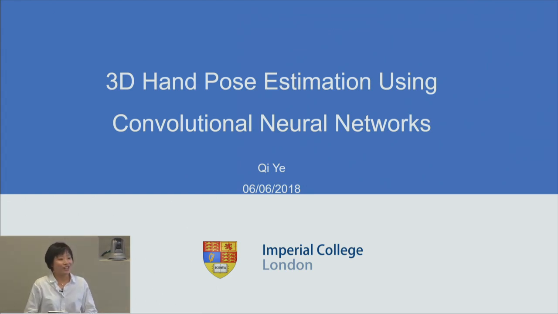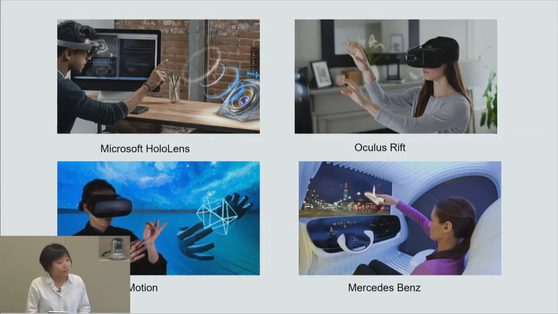Okay, I'm very glad to have this opportunity to present my PhD work about 3D hand pose estimation using convolutional neural networks. Recently, 3D hand pose estimation has gained a lot of interest with the commercial depth camera.